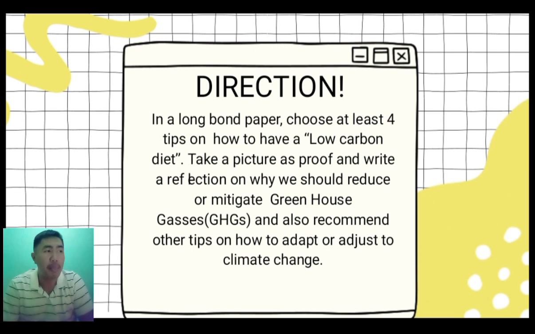In a long bond paper, choose at least 4 tips on how to have a low carbon diet. Take a picture of your chosen tips as proof and write a reflection on why we should reduce or mitigate greenhouse gases, and also recommend other tips on how to adapt and adjust to climate change.